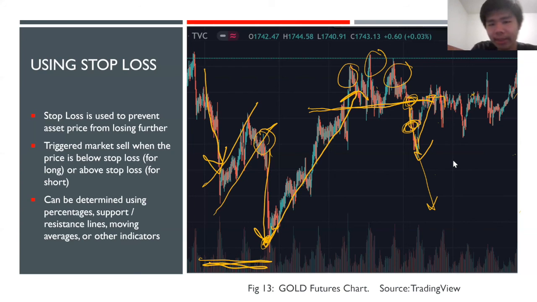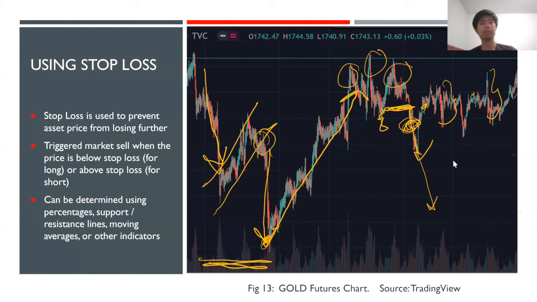So in this case, it's very wise if we can place a stop loss for short selling just above the price over here. So that's the opposite of how we set the stop loss for long buys. And in this case, if the market ends up going here, we'll only have a loss of this much instead of this bigger loss as well.